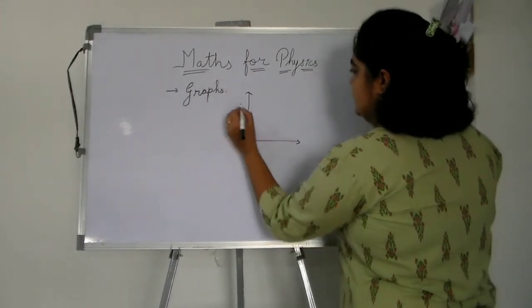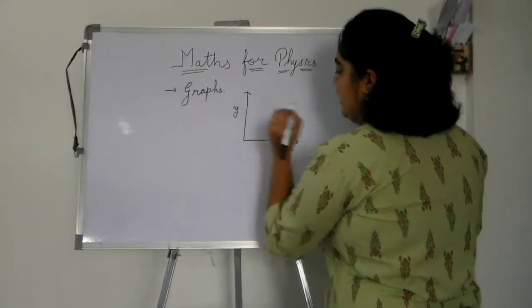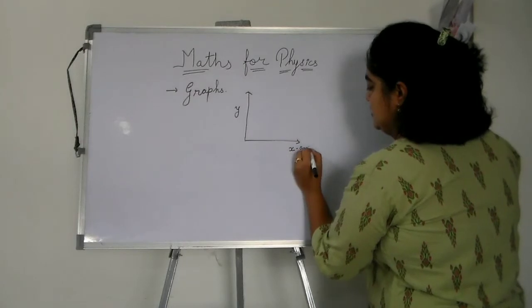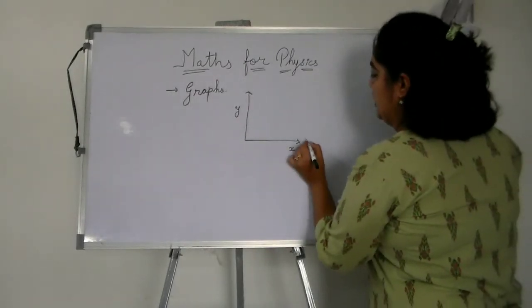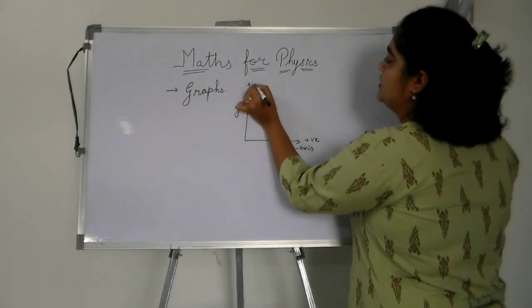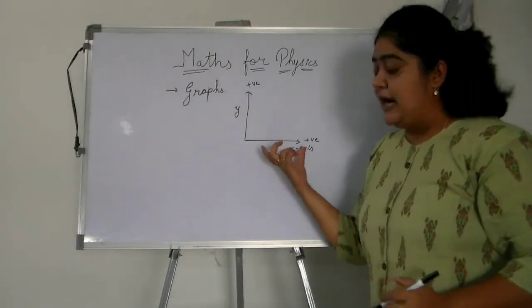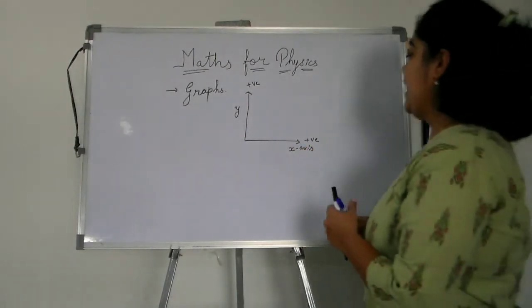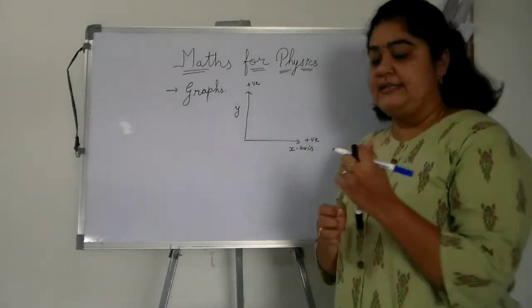So see, this is x-axis, this is y-axis. So this we can call a positive x-axis, this is a positive y-axis. So in the Cartesian coordinate system, what we have is a positive x-axis and a positive y-axis.